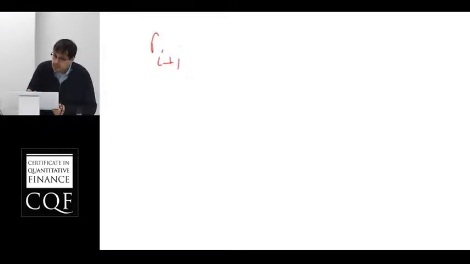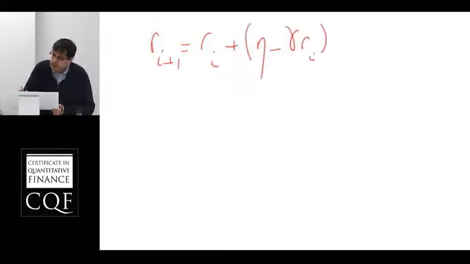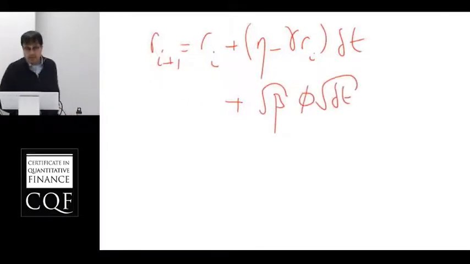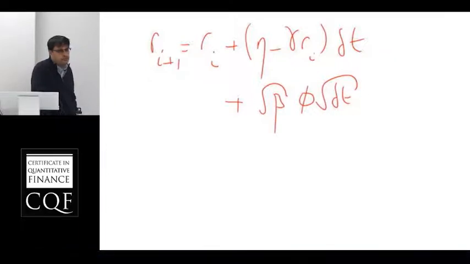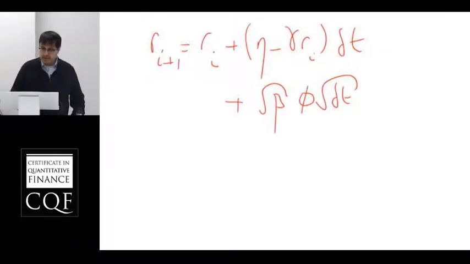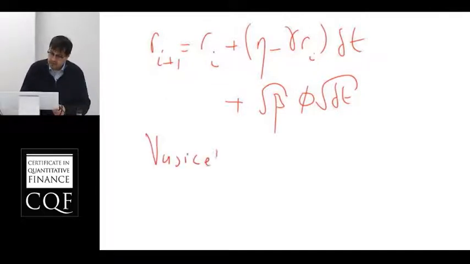So r(i+1) is equal to r(i) plus (eta minus gamma r(i)) delta t plus root beta times phi root delta t. Make a note of that, we're going to use that shortly. Okay. That's Vasicek in discrete form.